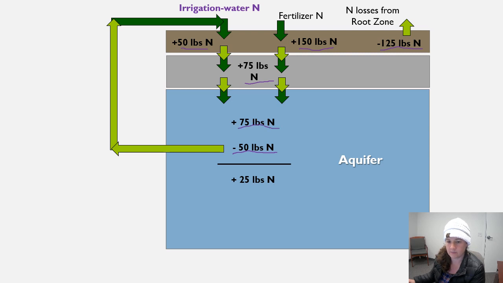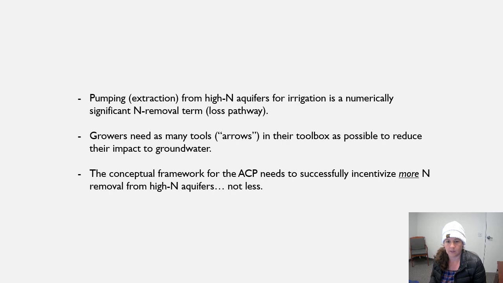So we're adding 75 pounds to the aquifer, but before we added that 75 pounds, we took 50 pounds out, so the net change in the aquifer is 25 pounds of N. And this seems like a fairly obvious thing. It's not as explicitly clear in the framework that underpins the A-R equations in the ag order as they stand currently.